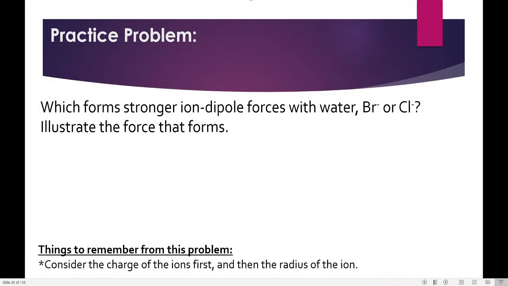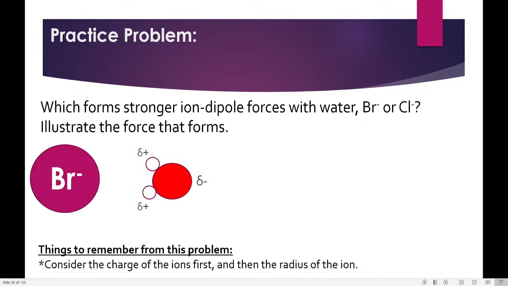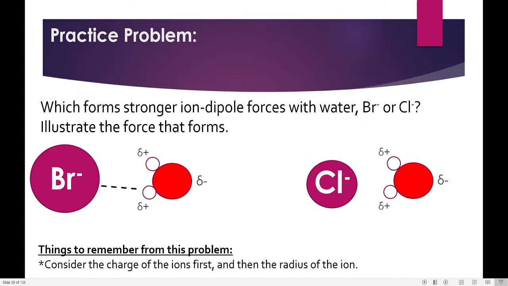Okay, so if you are at home, hopefully you can see this. We want to know which one forms the stronger ion dipole forces, Br minus or Cl minus. So first of all, it's -1 and -1. If they have the same charge, I look at their size. Which one's smaller? Chlorine. So let me actually illustrate that for you.